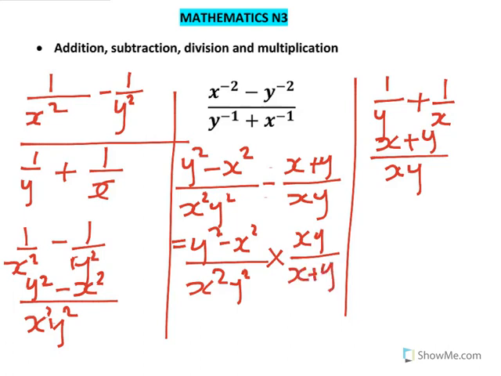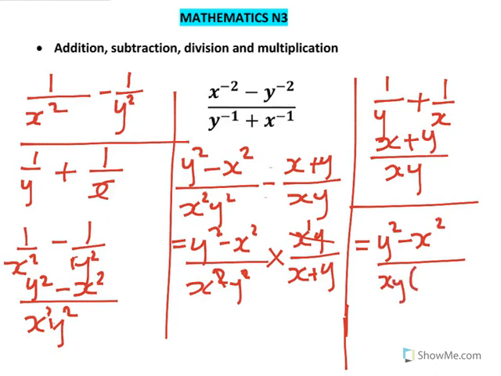Now if you look at this carefully, you can see xy will cancel, so that you are remaining at the bottom with x and y, because you cancelled one of them. Now you are going to remain with y squared minus x squared all over xy times x plus y.